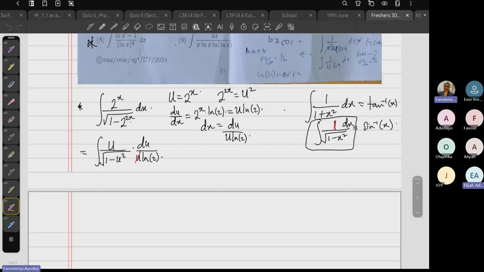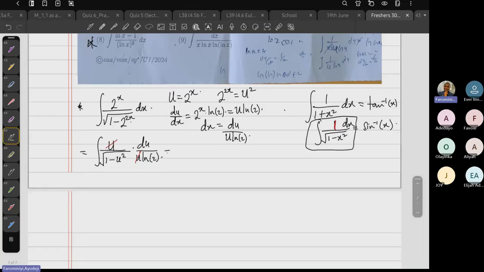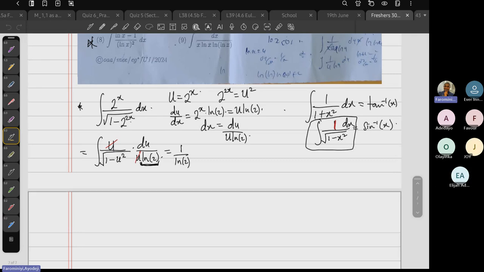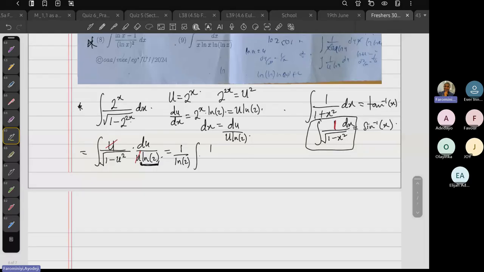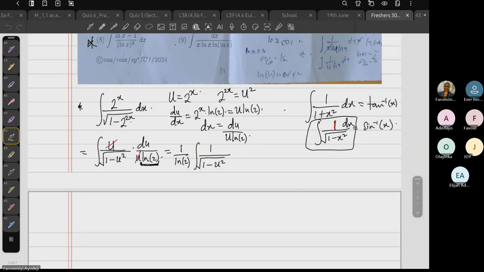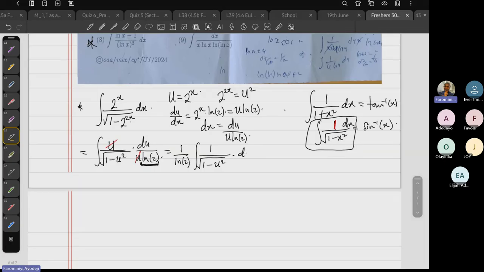So in most cases, when you do U substitution, at some point things have to cancel out. And if that happens, we can also factor out the constant here. So this is the constant that can come out: 1 over natural log of 2. Then integral of 1 over square root of 1 minus U squared times du.